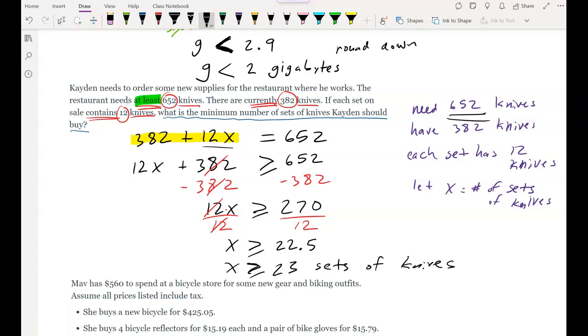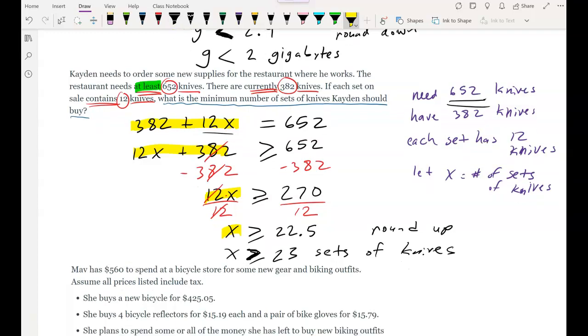So that being the case, we would definitely want to round up, because we want that amount to be greater than. We want the part that's highlighted, we want this side to be greater than 22.5. So we have to round that up because it's a real world problem.